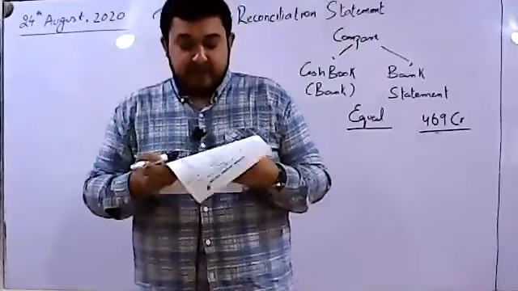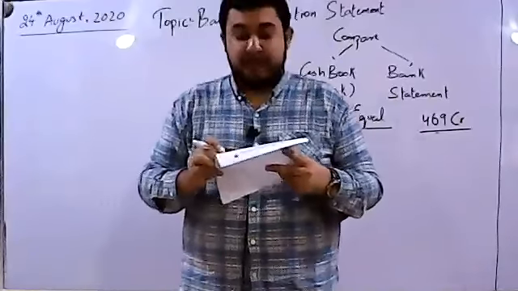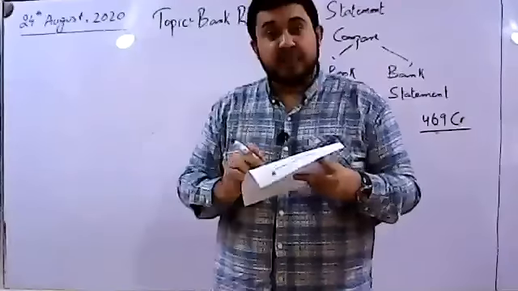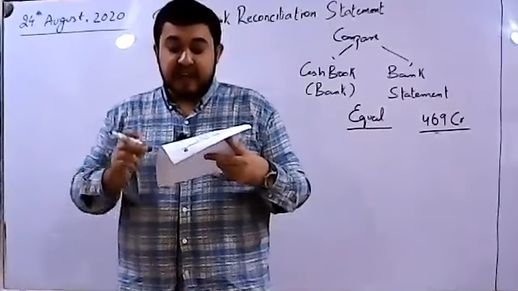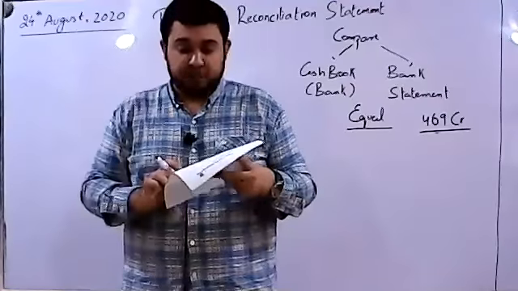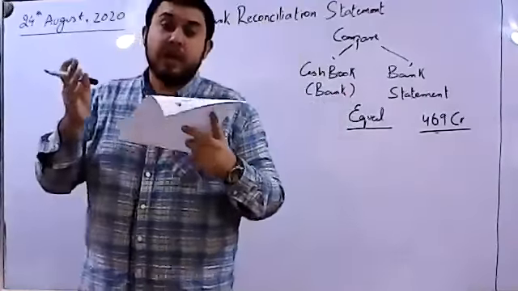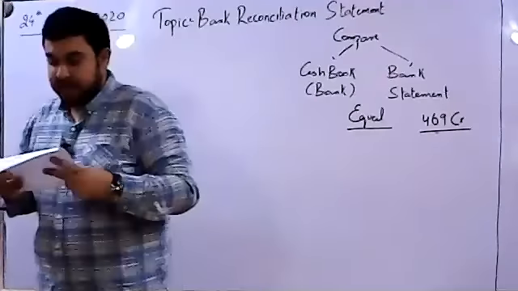But at the end, we can see that we have the balance of the bank statement, but we do not have the closing balance of the cash book. So the first thing that we are going to do over here is calculate the balance of the cash book. And how do we do it? We are simply going to deduct the lower side from the higher side. Okay.